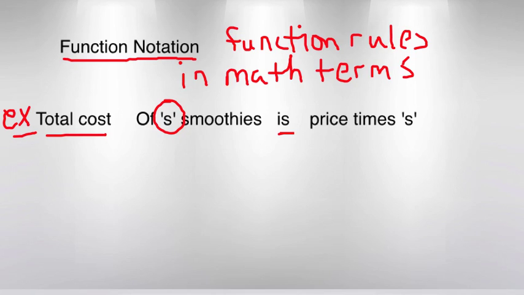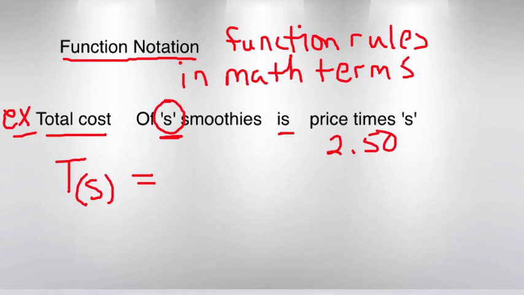Since I'm using S as my variable, I'm going to say the total cost of S is going to be equal to the price of the smoothie, and let's say the smoothies are $2.50, times S. Okay, so depending on how many smoothies I get will determine the cost.